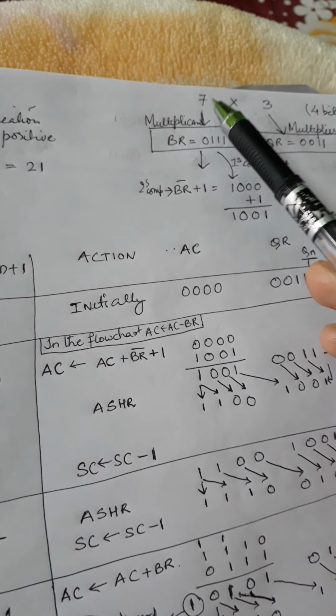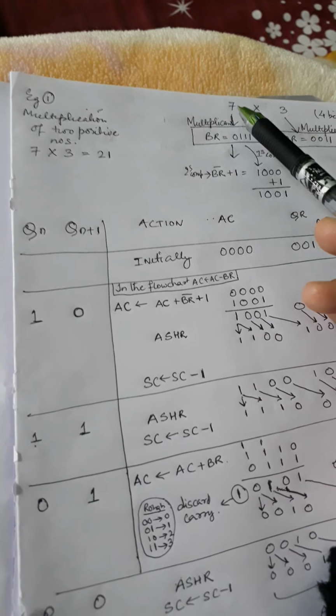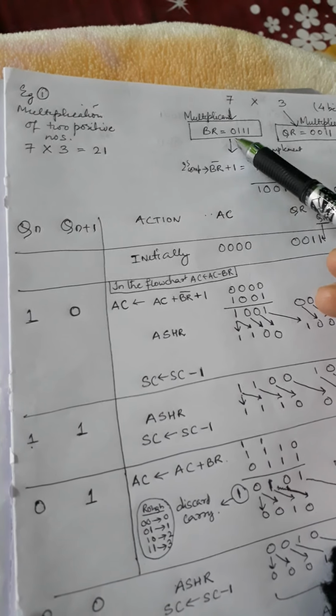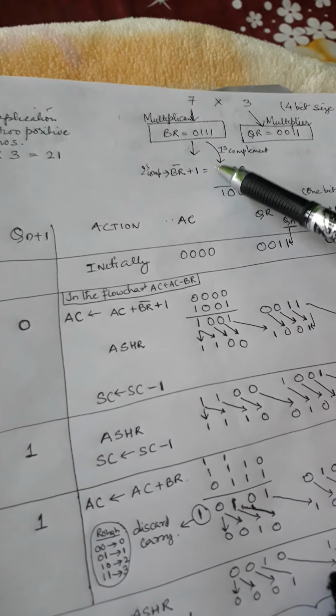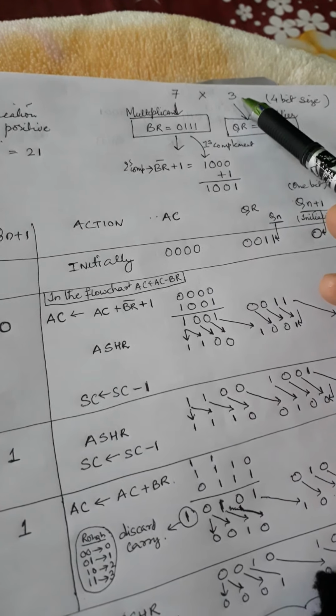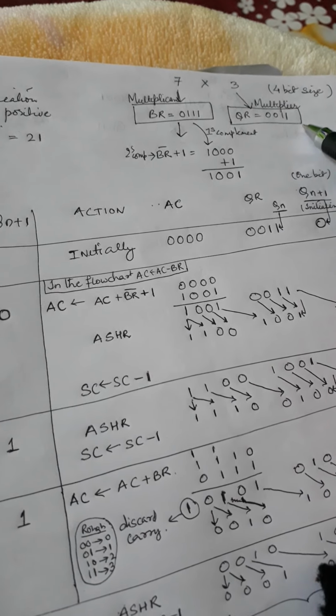As we have seen in our flowchart, BR and QR. In BR we will put the first value, which is 7, and the binary equivalent is 0111. You can check this yourself also. Similarly, the second value, 3, will go to QR. The value is 0011.